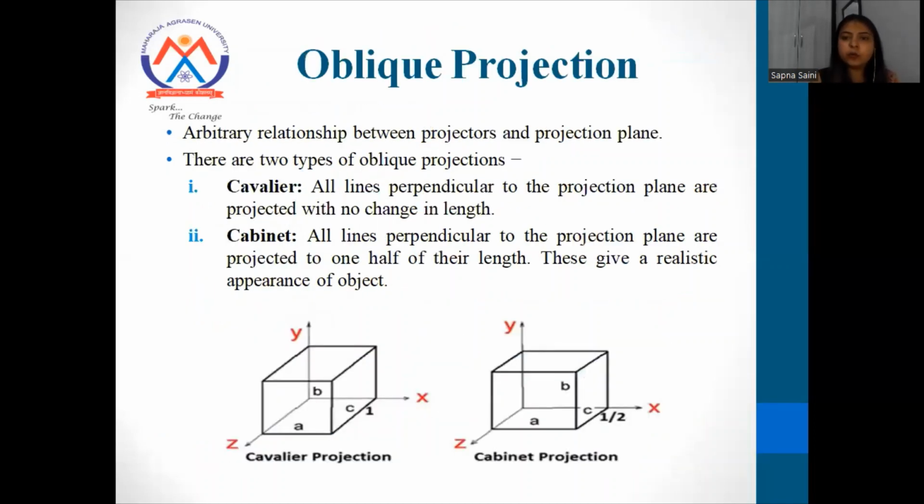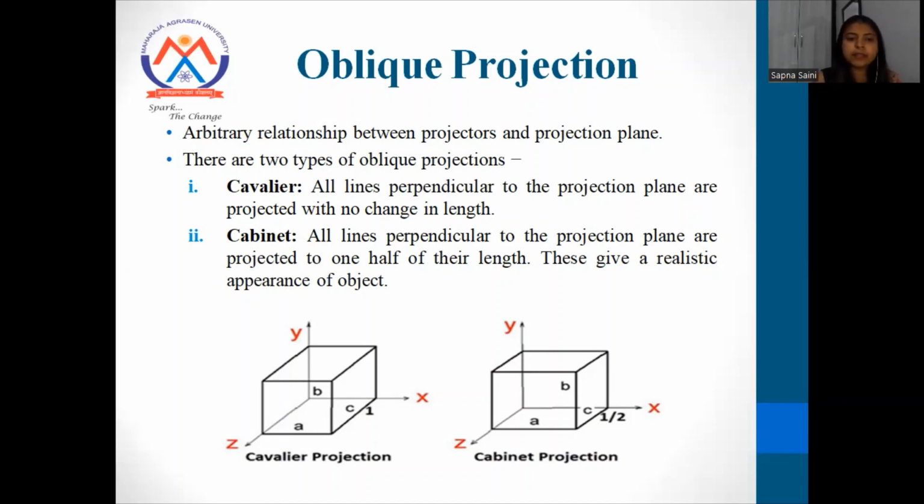Next, we have oblique projection. In oblique projection, there is an arbitrary relationship between projector and projection plane. Which could be easily understood by the two types of oblique projection. One is cavalier, other is cabinet.